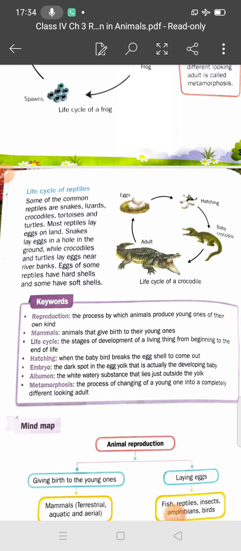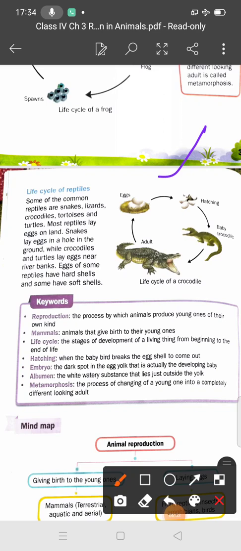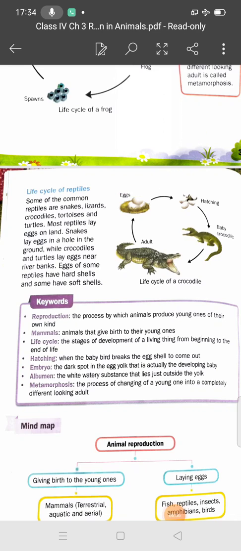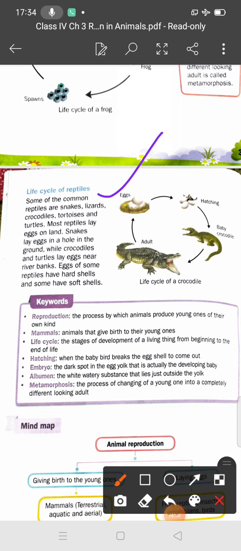There are also four stages in the life cycle of a crocodile. You can see, first the female lays eggs, and then hatching takes place, and then the baby crocodile comes out from the eggs. Then the baby crocodile goes through molting in various stages, and then it fully develops into an adult crocodile.